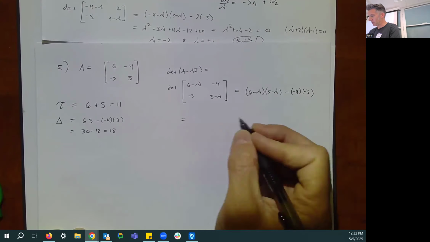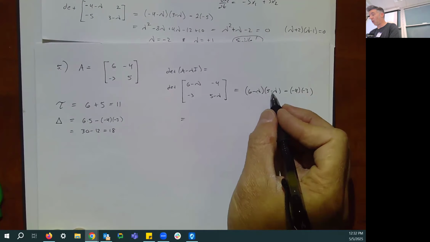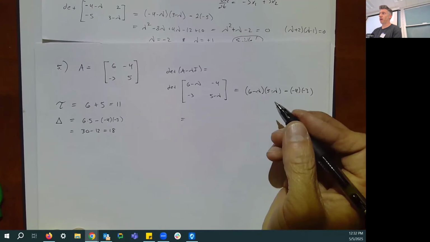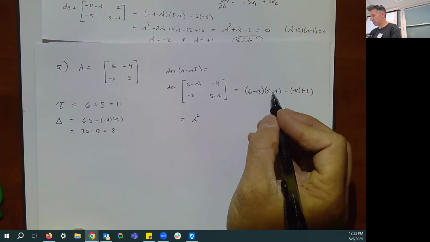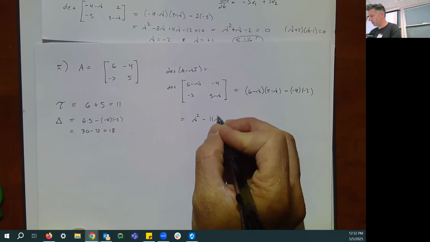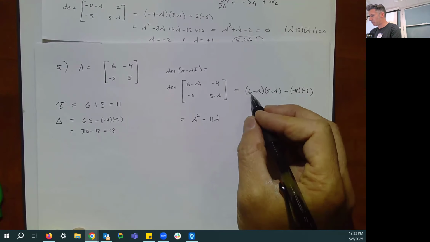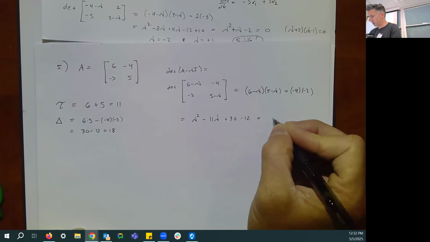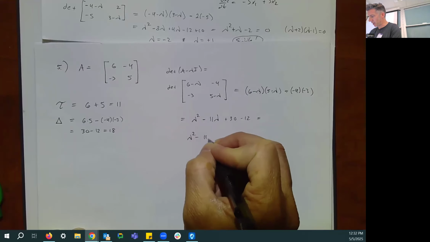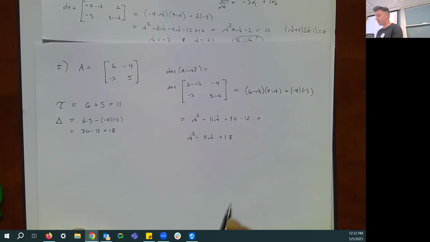So we end up getting negative lambda times... you're always going to get lambda squared every time you do this, right? It's always going to happen. And then you're going to get a -5 lambda and a -6 lambda, so minus 11 times lambda, and a plus 30 minus 12. This ends up equaling lambda squared minus 11 lambda plus 18.